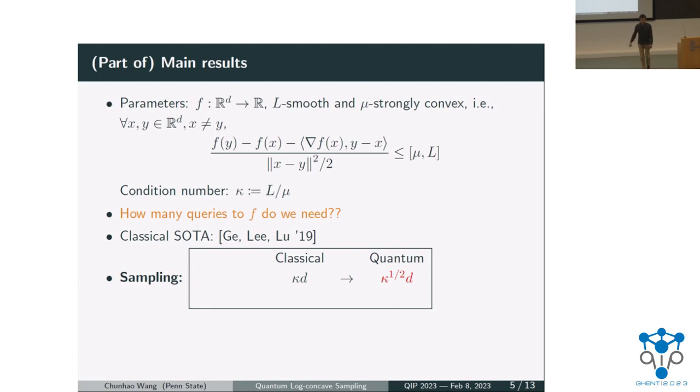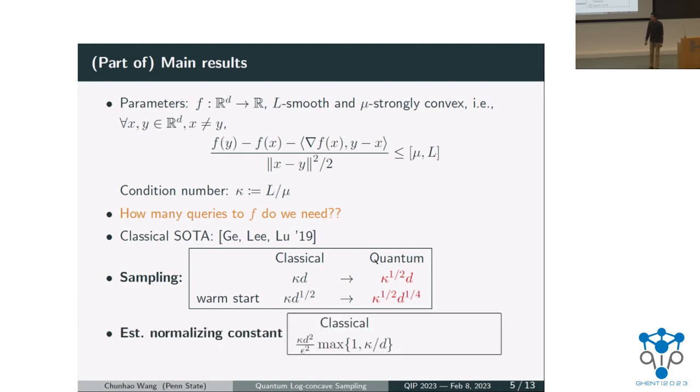In particular, if we start from a distribution that is good enough, meaning the overlap between the initial distribution and the target distribution is at least some constant, then we call it a warm start. If we have a warm start, then classically you can do better in terms of the dimension. And quantumly we can do even better because we have speedups for all parameters.